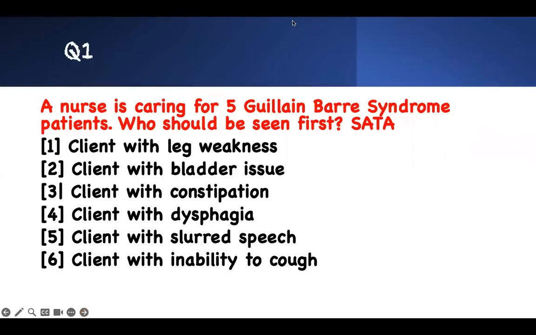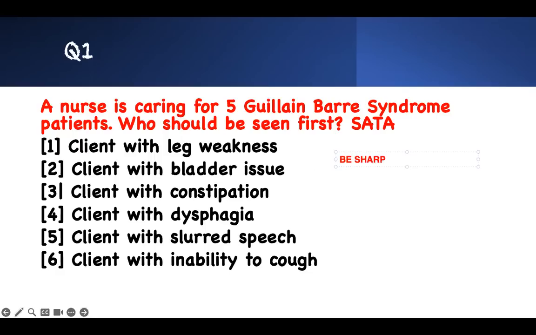This is a classic old generation question. This is what they will ask you: who do you see first? Do you know what to do? Do you know the best way to do this? You have to be sharp. And what does that mean?